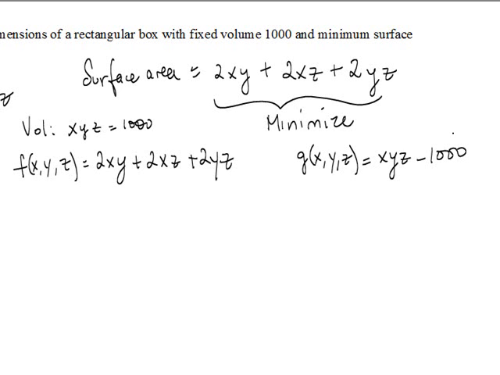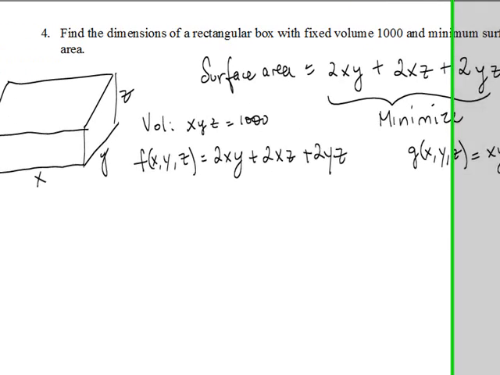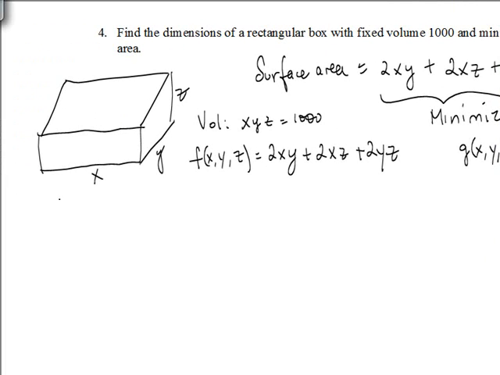So now that we have written down these two functions, let's find the partials. Partial of f with respect to x is 2y plus 2z. With respect to y, 2x plus 2z.